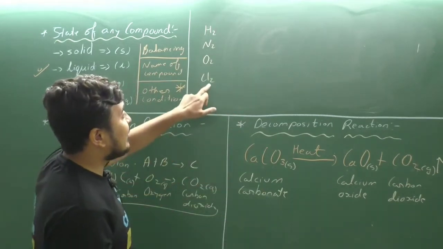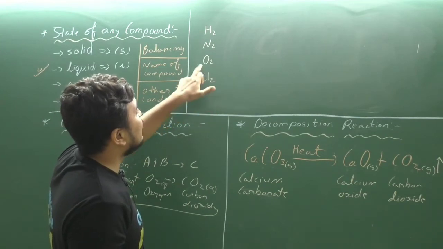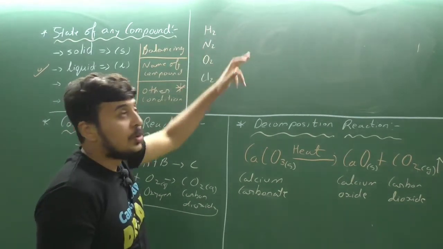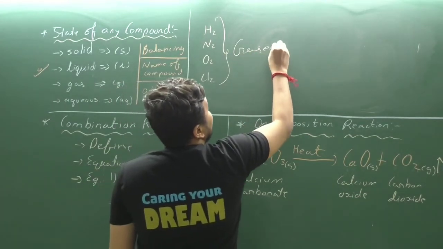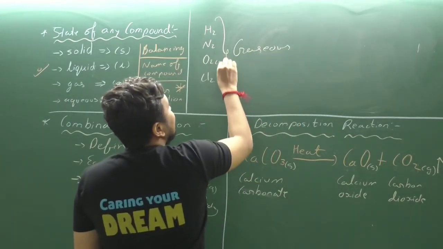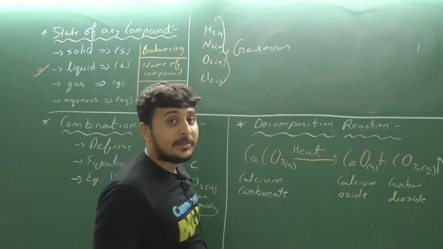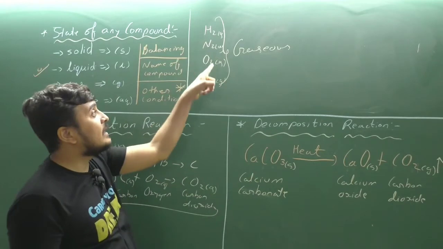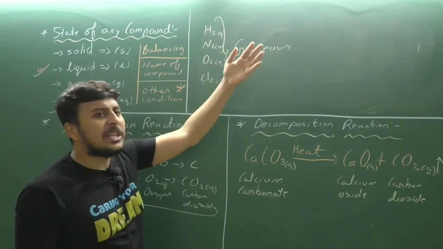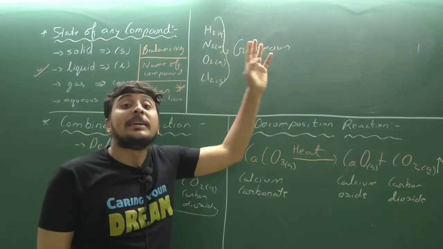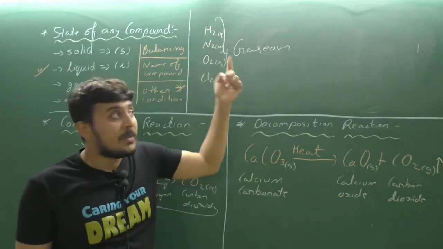The compounds which are in the diatomic state, Cl2, O2, N2, H2, are gaseous in state. So you have to always write G. Getting it? H2, N2, O2, Cl2, F2, all of them are in the gaseous state.